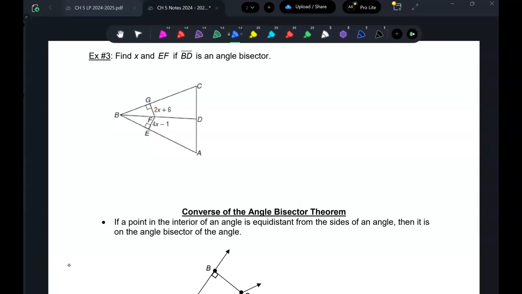So what do we know about x? What do we know about 2x and 2x plus 6 and 4x minus 1? They're equal to each other. So 2x equals 7. Good. And then I also want to find EF. EF is 4 times 7 halves minus 1.